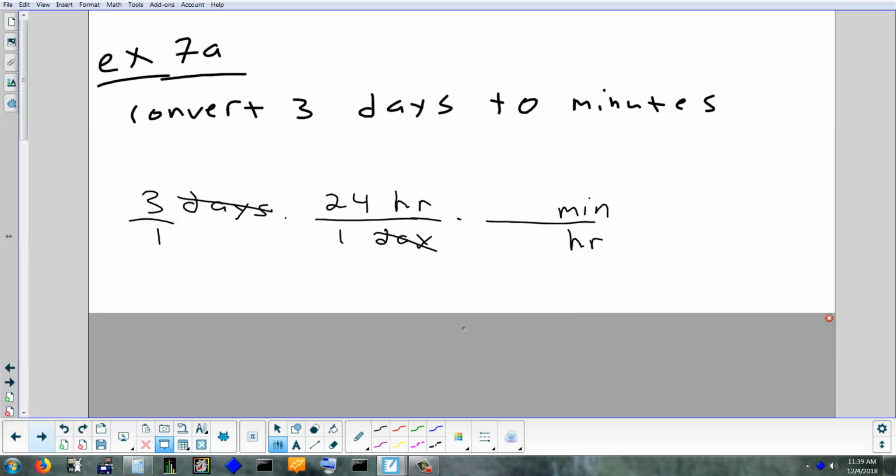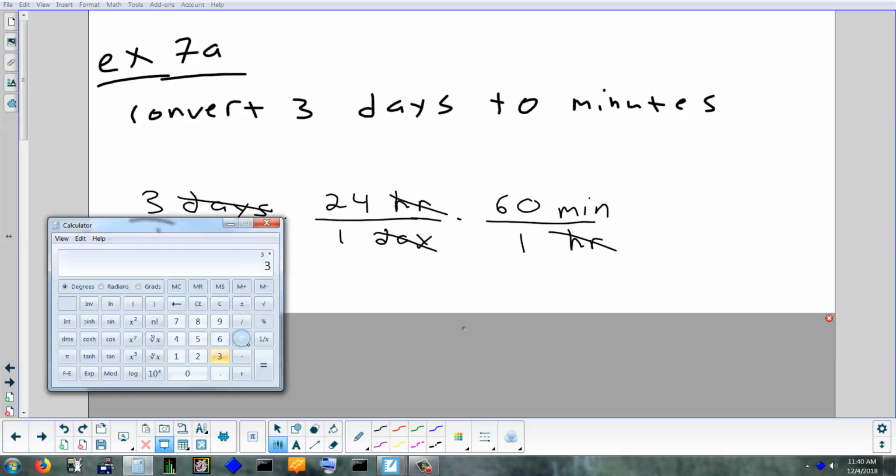What's the conversion between hours and minutes? 60 minutes to 1 hour. Hours cancels, and now you have a time in minutes if you multiply it out. So just multiply straight across. 3 times 24 times 60 is 4,320 minutes.